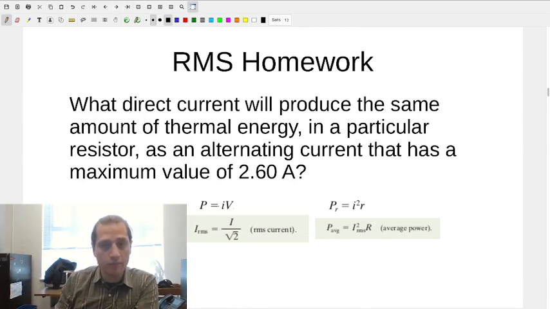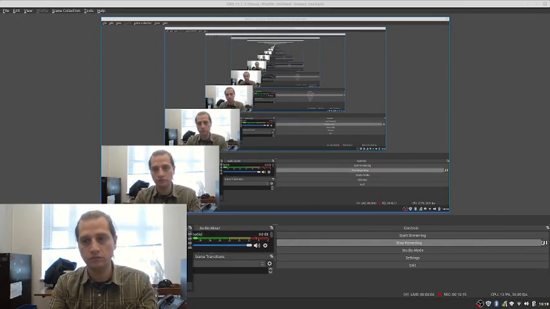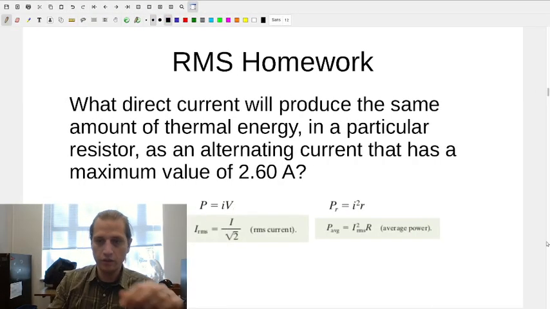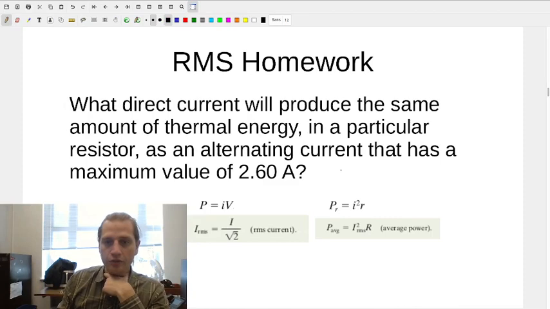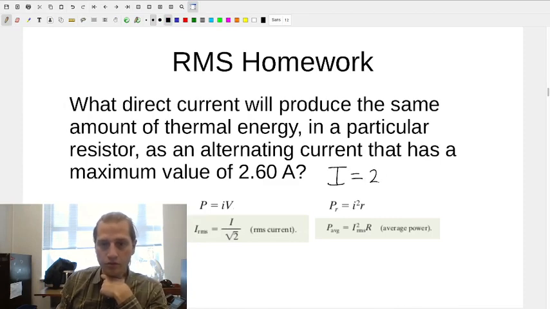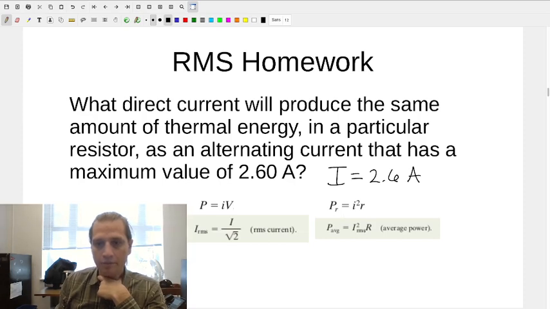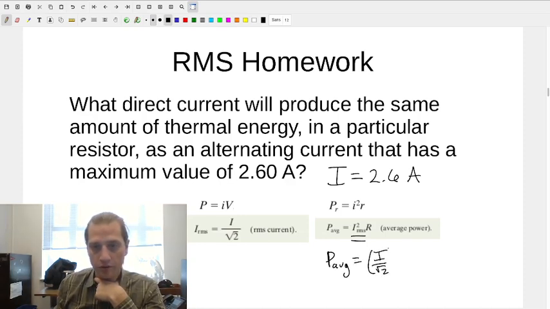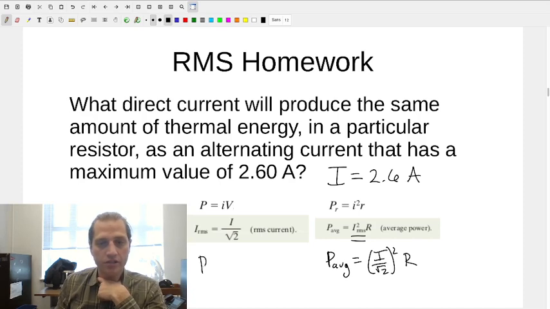So if you want to think about this, the value that you've been given is just the amplitude, 2.6 amps, but the power depends on I RMS, so the P average would be I over the square root of 2, squared, times R. But if you remember, our power in our DC circuit was just I squared times R. This is not changing direction.